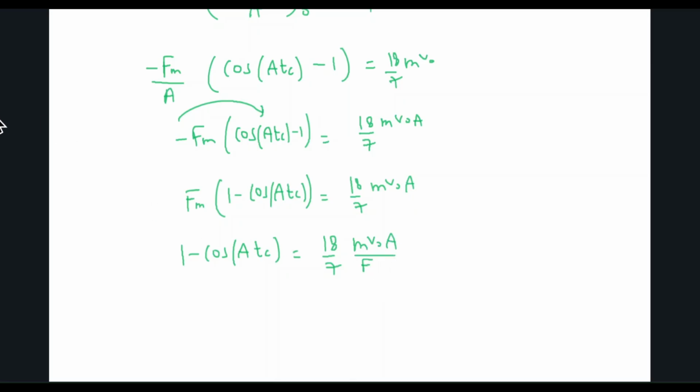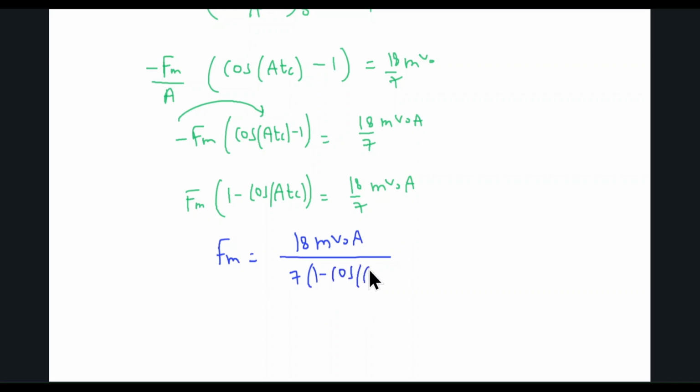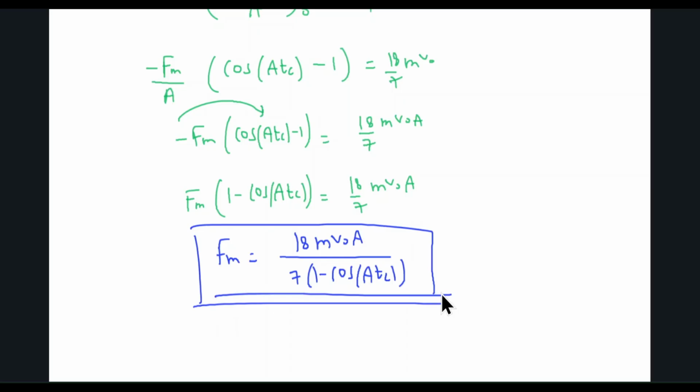Oh, sorry, why am I doing that? We need to find Fm, right? So scratch that. I'll just divide both sides by 1 minus this thing. So F max comes out as 18 mv naught A over 7 times 1 minus cos A Tc. That's the gross expression that we have.